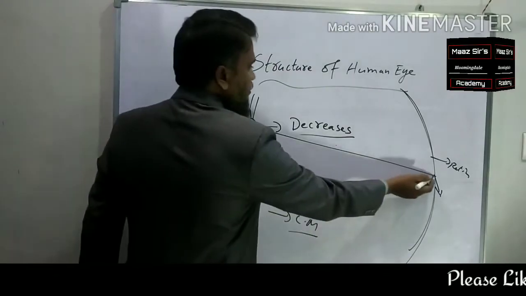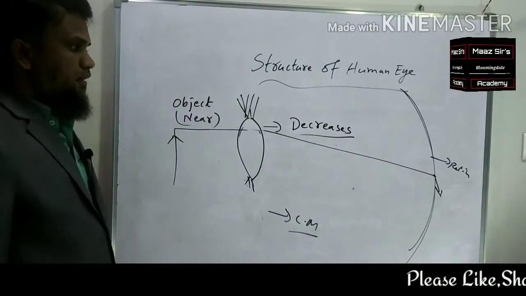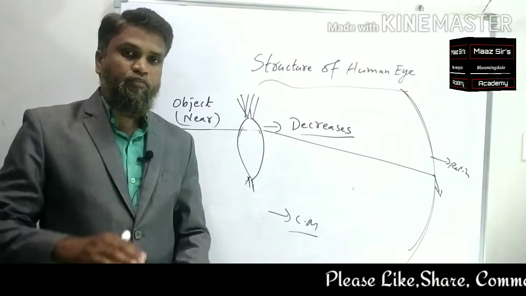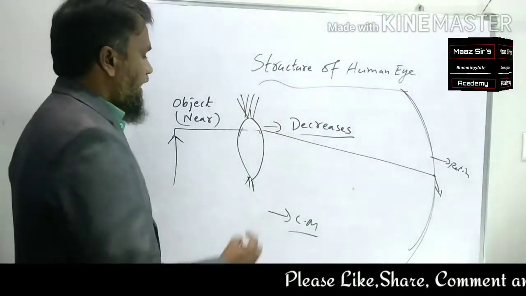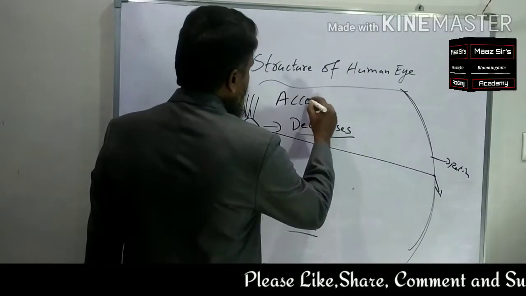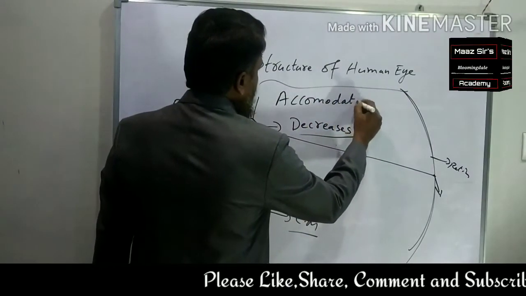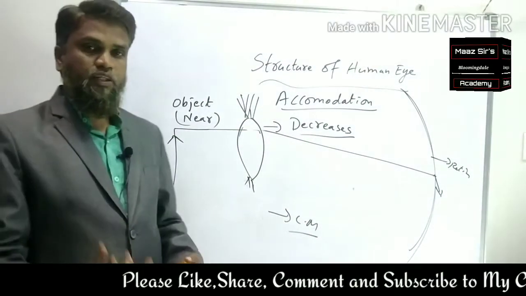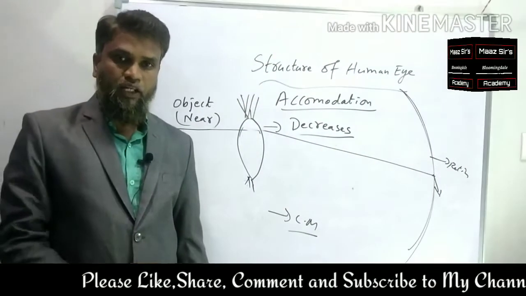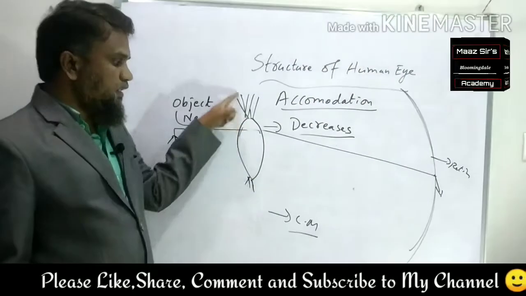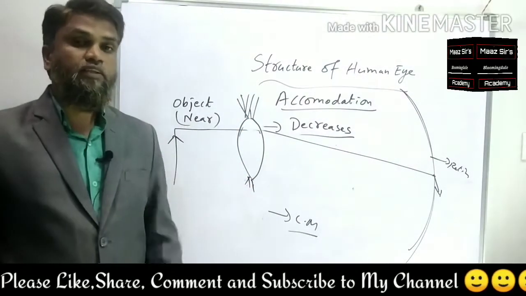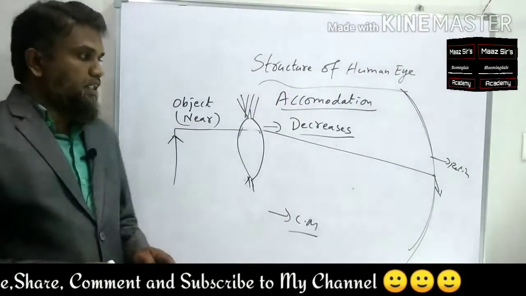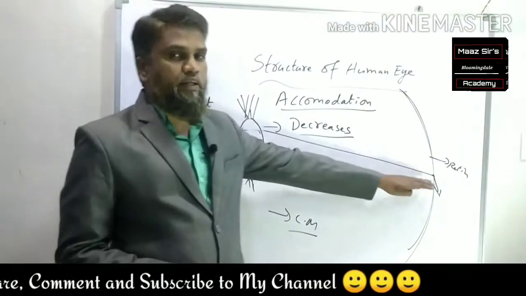The image will be formed on the retina. So this process of adjusting the focal length is known as accommodation. So what is accommodation? The process of adjustment of the focal length with the help of ciliary muscles is known as accommodation. So that's why we are getting the image on the retina.